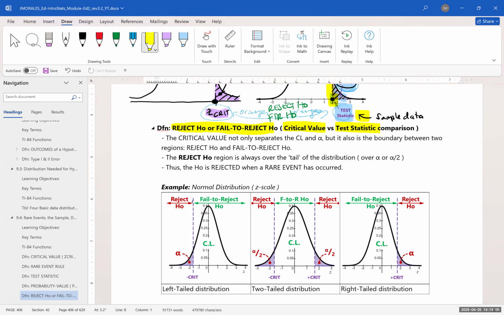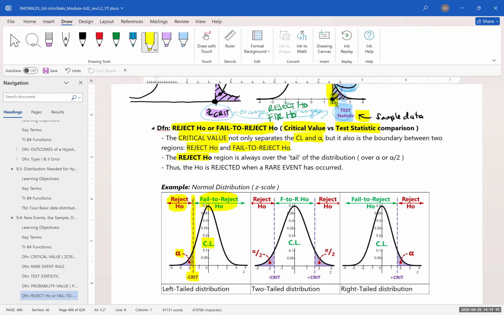Okay, so the critical value not only separates the confidence level and the significance level, but it is also a boundary between two regions: reject the null and fail to reject the null. So to give an example down below, here we've got a critical value, which is the boundary to both the confidence level area and the significance level area, as well as the boundary between the rejecting the null region and the failing to reject the null region.